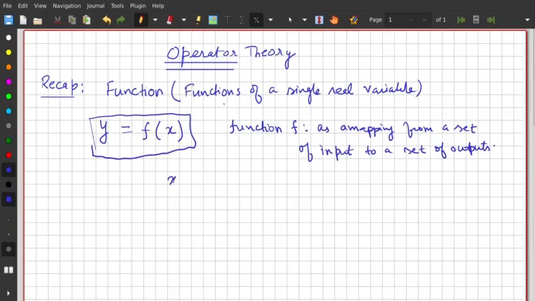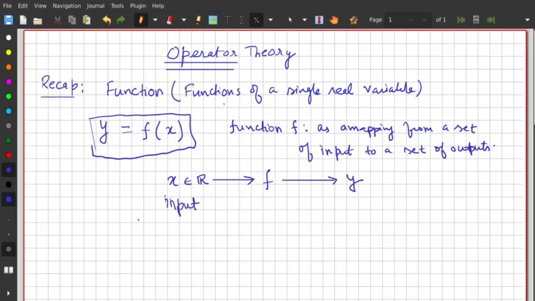The x belongs to the real space, the real line, you can think about the one-dimensional real line. Any real number you can take as an input to the function f, and that provides an output y.